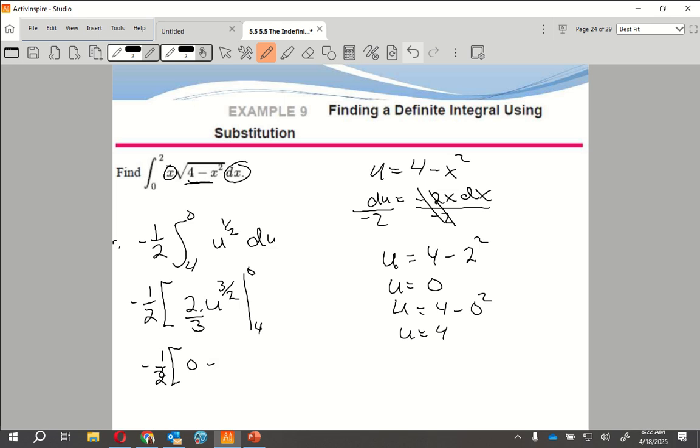Minus the lower bound. So my lower bound here is going to be 4, so the square root of 4 is 2. 2 to the third power is? Yep, very good, 8. So I'm going to have 8 right there.